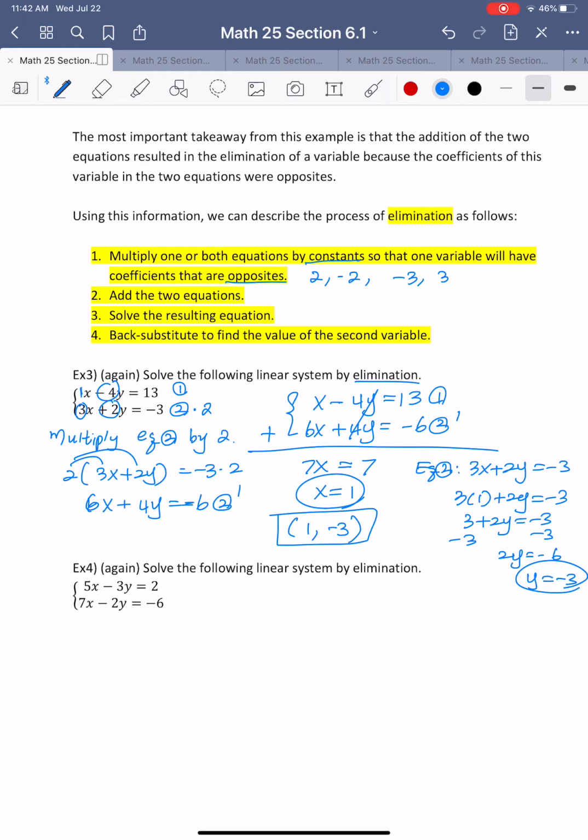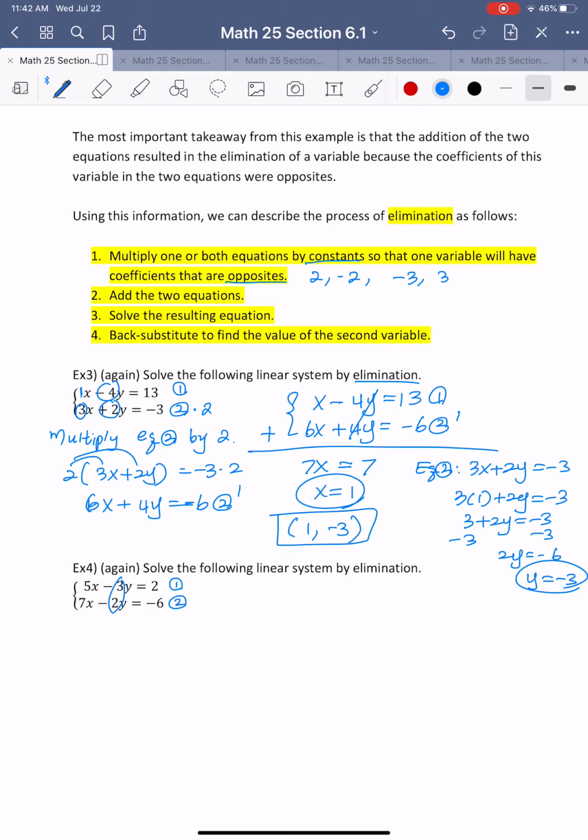Alright, another one. Elimination method, okay? So this time, actually, I don't think you can just multiply one of the equations to get the opposite, because there's no common multiple. So either way you can choose. But I think the 2 and 3 are smaller numbers than the 5 and 7.